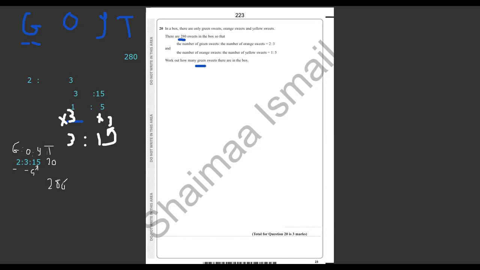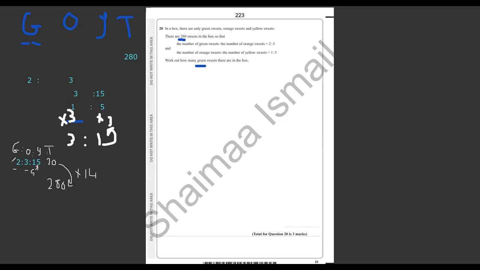Now we can get the ratio multiplier. How do we make the 20 into 280? 280 divided by 20 will give us, I think, 14. Let's check this on your calculator. Yes, so all we do is multiply by 14.